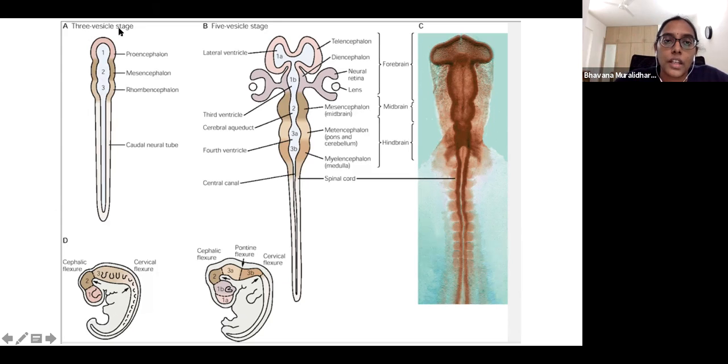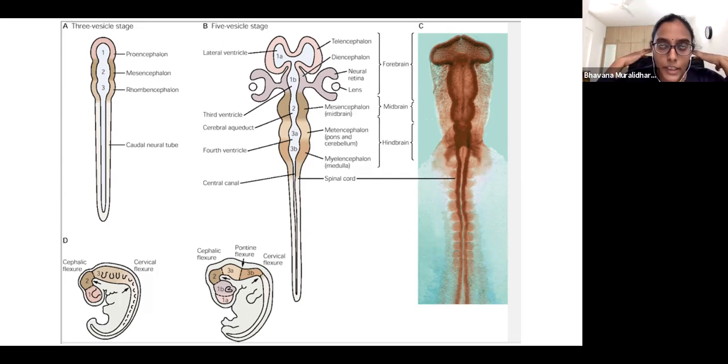The first stage is the 3-vesicle stage, where you have broad areas which then go on to form the different regions of the brain. So as I was saying, the anterior to posterior axis consists of the forebrain, where the major region is your cerebral cortex, which has the 6-layered neocortex, where all your learning, memory, motor control, everything, all higher order functions happen.